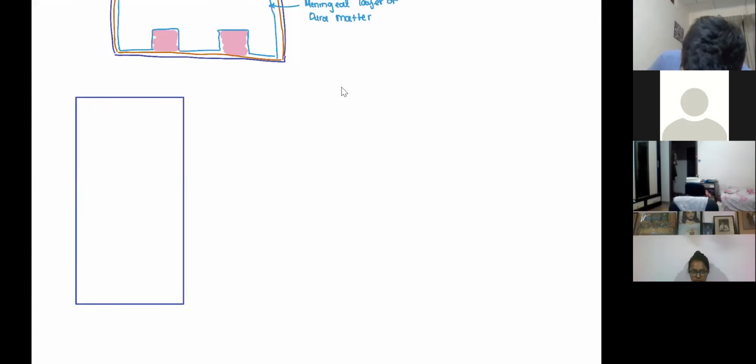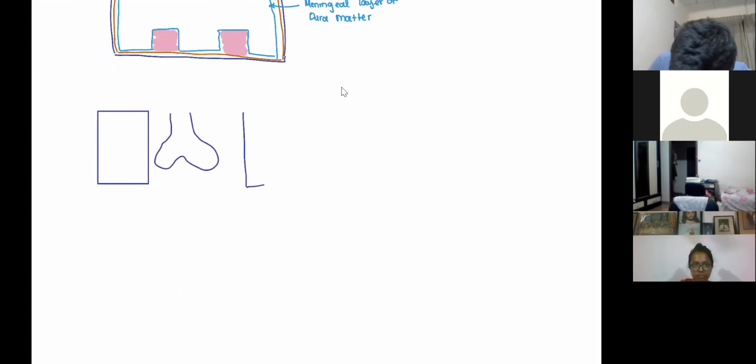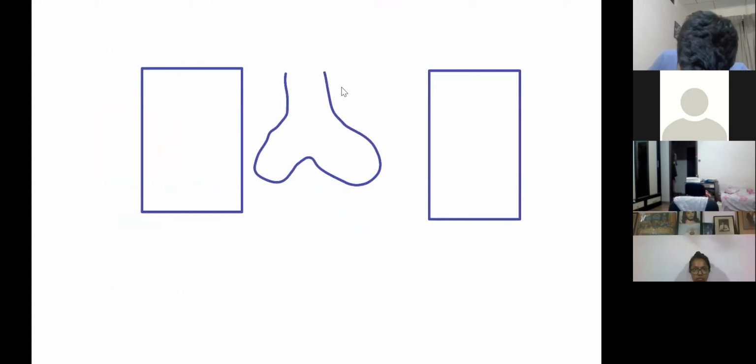Remember here, don't draw it this big. Here's the pituitary. Can someone tell me which is the lateral aspect and which is the medial aspect?